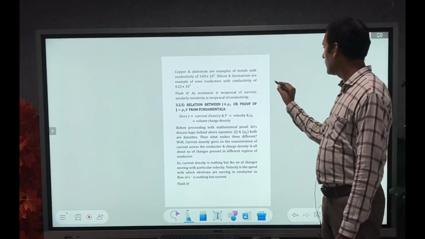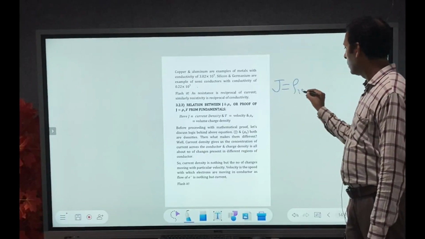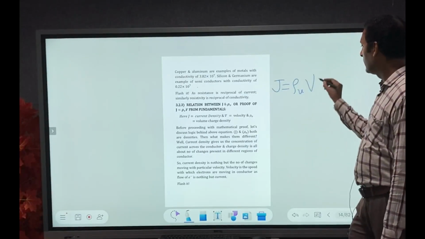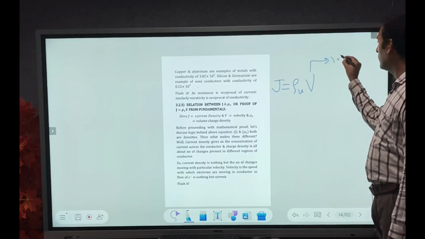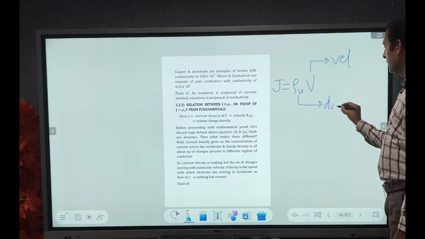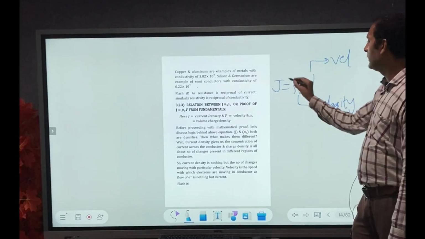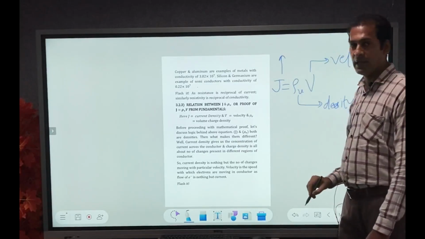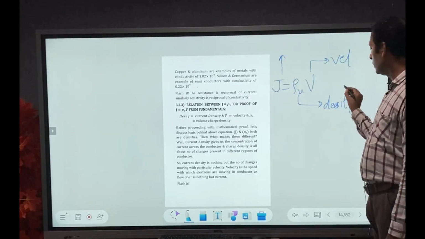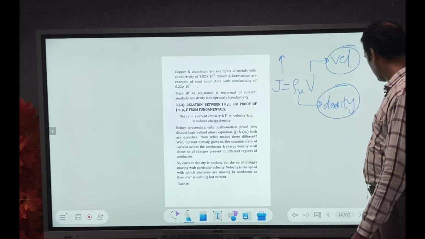The main equation we derived last time was J is equal to rho V times V, where V is velocity, rho V is the volume charge density and J is the current density. So it is directly proportional to the volume charge density and its velocity.